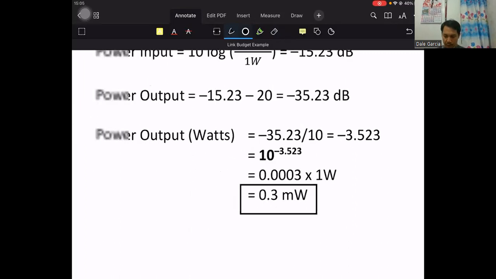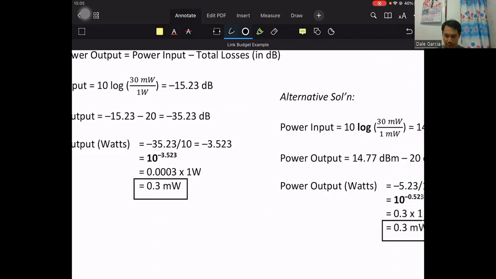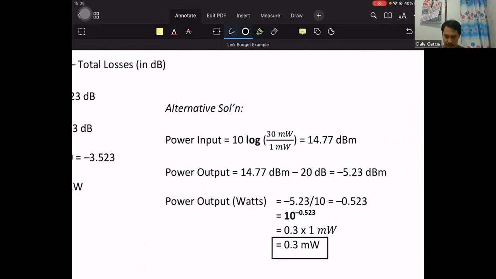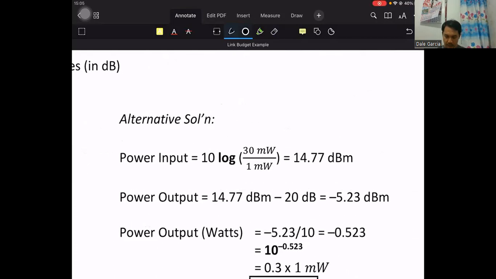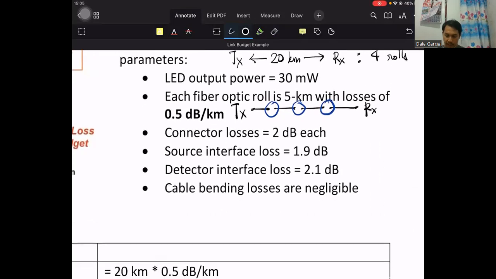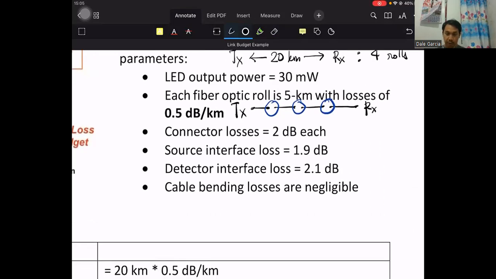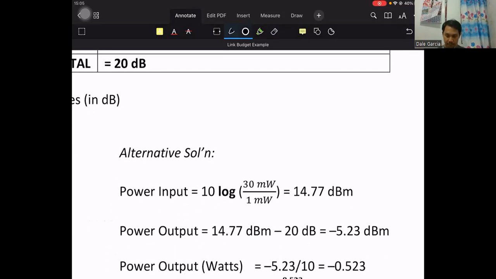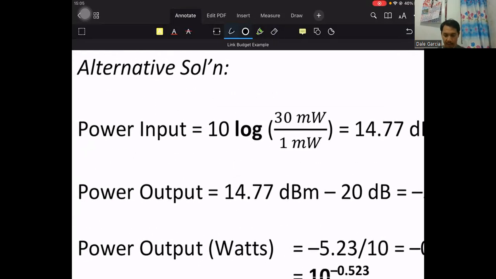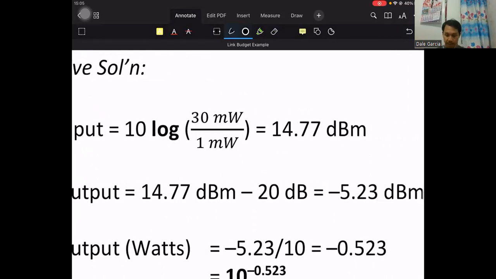Now, how about the alternative solution? Given 30 milliwatts, we convert it to dBm: 10 log 30 milli divided by 1 milli. On the calculator, 10 log 30 is 14.77 dBm.